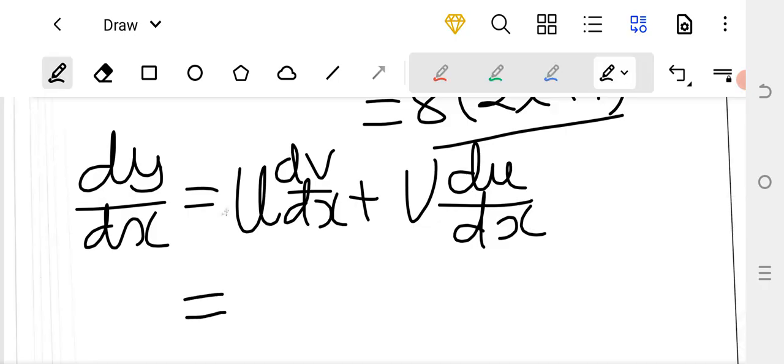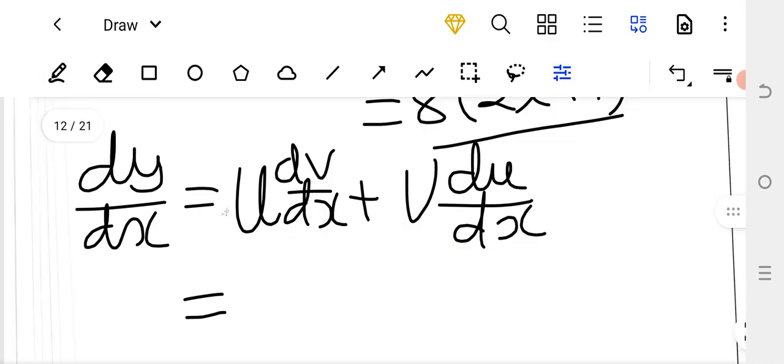So this means u multiplied by dv/dx and v multiplied by du/dx. Maybe you might be confused on what I wrote.